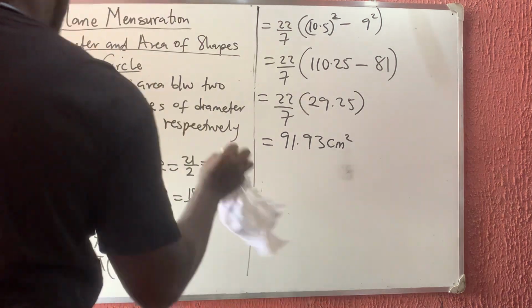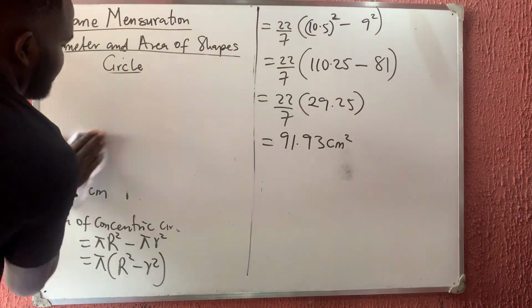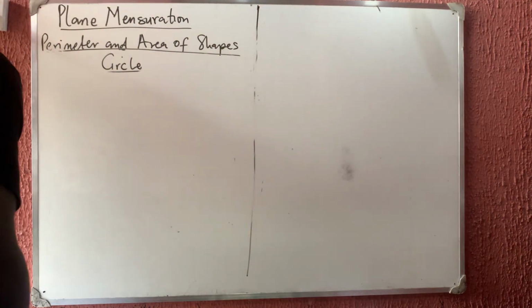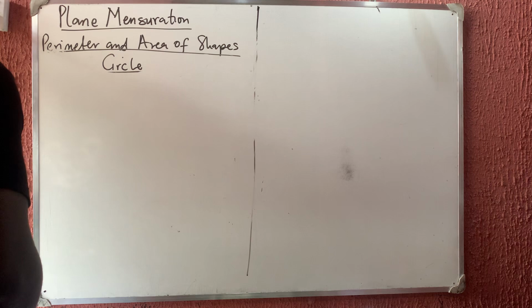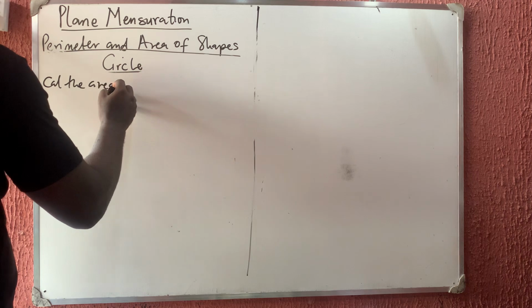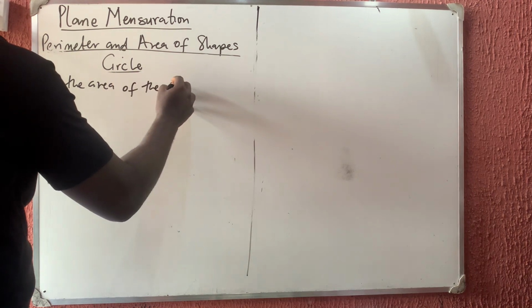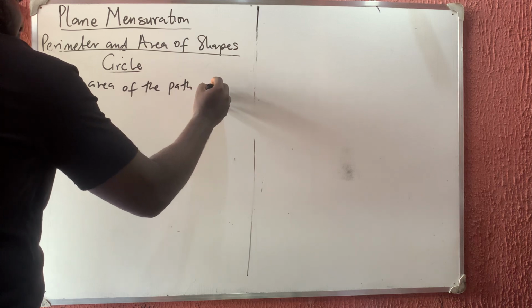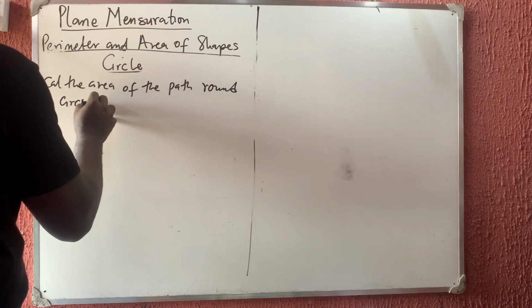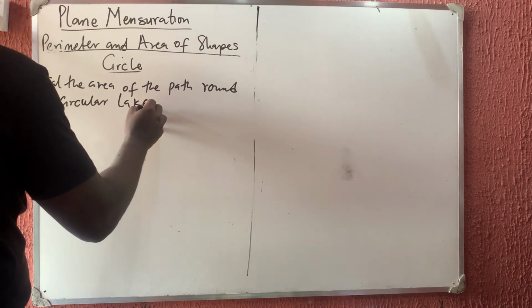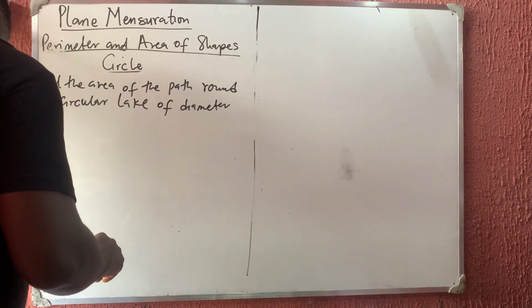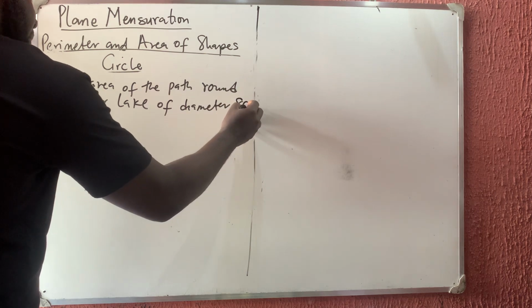Okay. So question number 13 said: calculate the area of the path round a circular lake of diameter 8 cm.